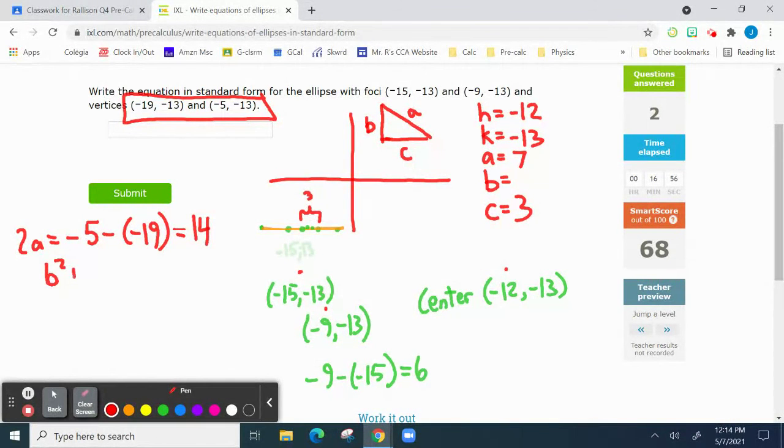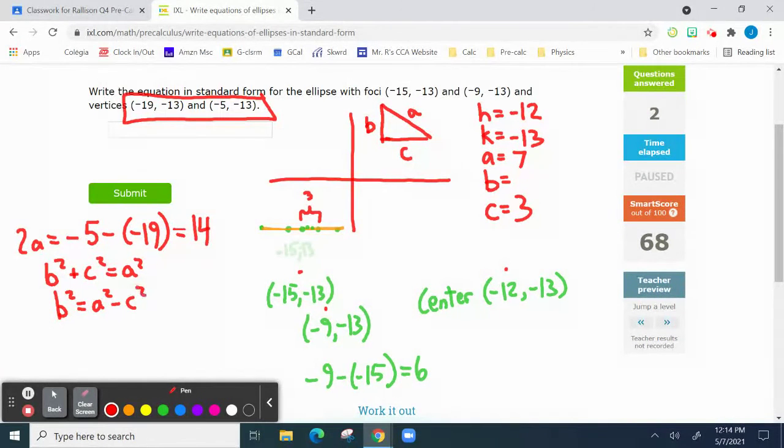Except we know a and c, so we need to get b by itself, right? So we have b squared equals a squared minus c squared. And remember, we actually need b squared for the formula, so we don't have to square root that.